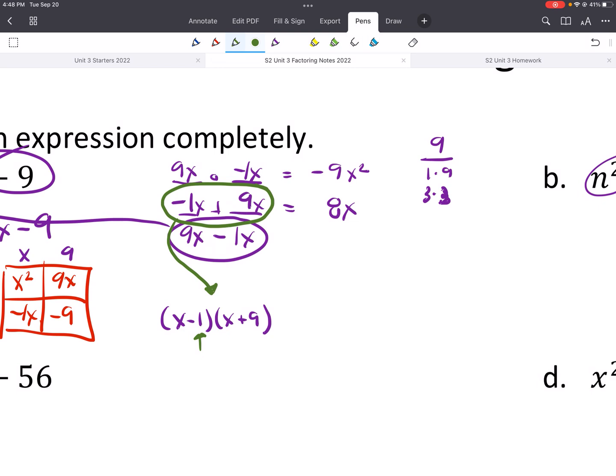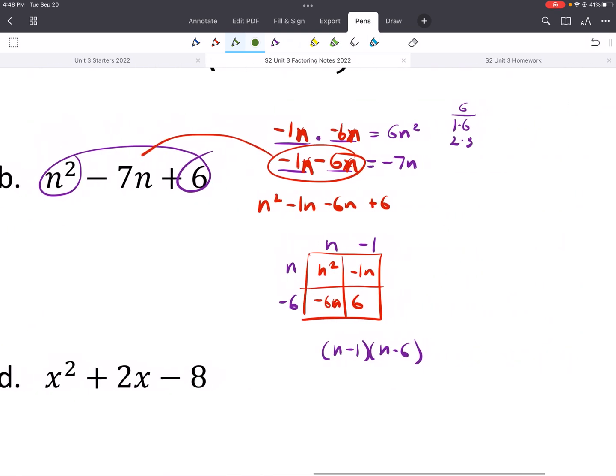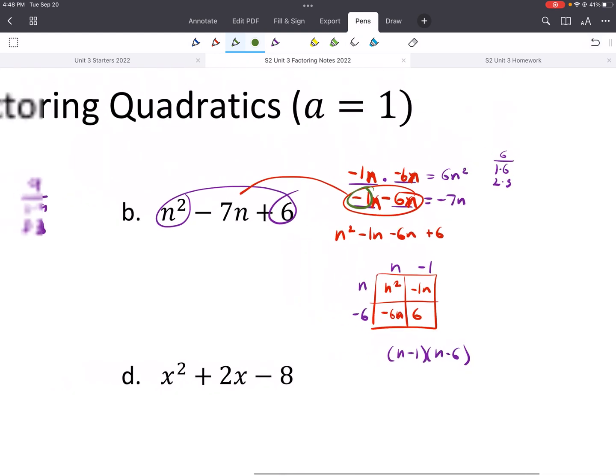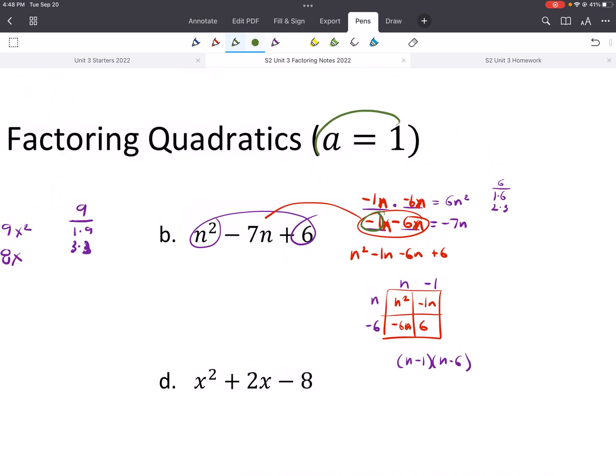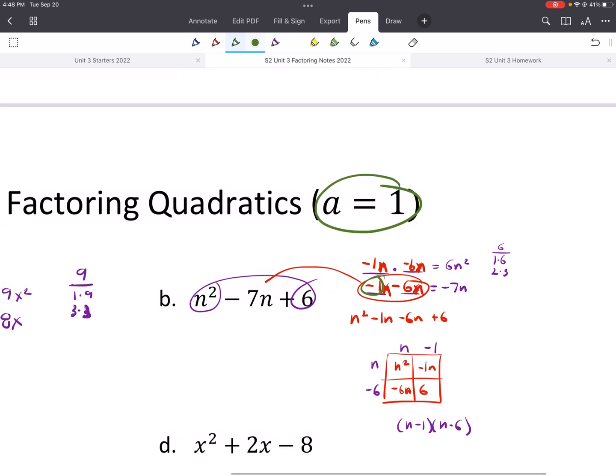Let's look at the other one. Does that apply? We have negative 1, negative 1, negative 6, negative 6. This happens all the time if a is 1. When we talk about a, we talked about standard form for a quadratic, where a is the leading term.